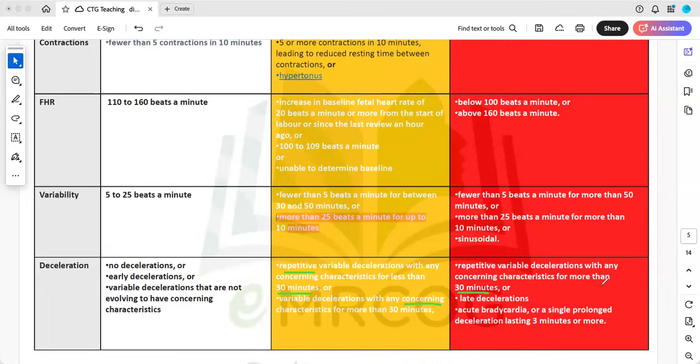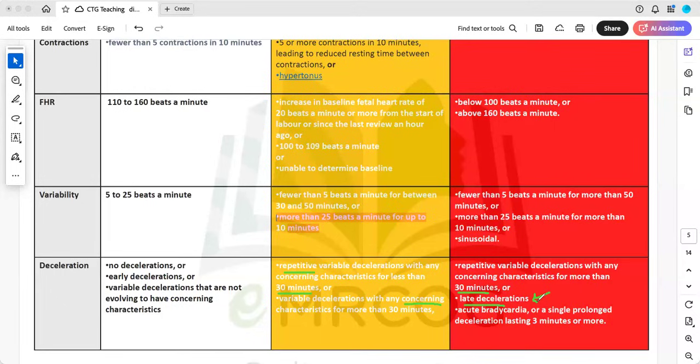And fetal distress. Presence of late deceleration, and this is the new thing because in the previous version we used to have late deceleration in two types, okay, a categorization of late decelerations according to the period, but now they have actually mentioned in the 2025 update that the presence of late deceleration actually means placental insufficiency, the placental inability to deliver oxygen to the baby.